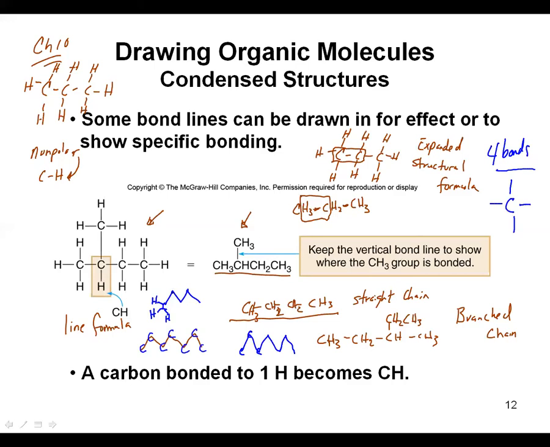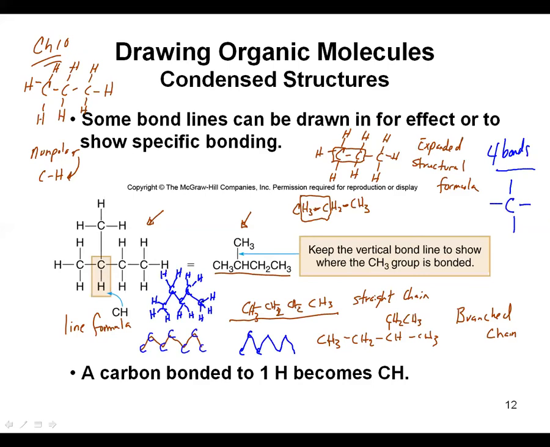This guy here is a carbon. It has 2 lines coming in, which would have 2 hydrogens. This carbon has 2 lines coming in, would also have 2 hydrogens. This carbon has 2 lines coming in, would have 2 hydrogens. And the guy at the end would have only 1 line coming in, which then would have 3 hydrogens.